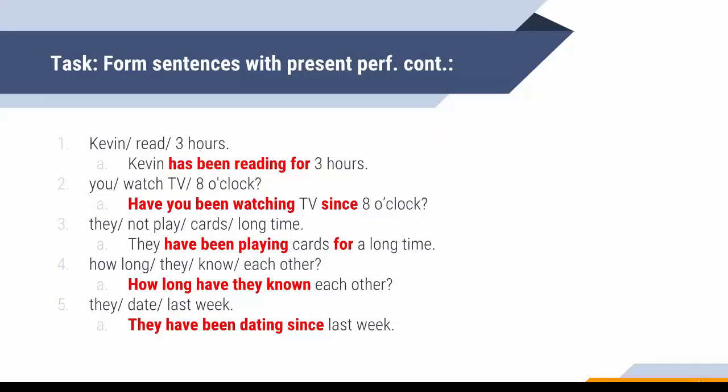Have you been watching TV since 8 o'clock? Have you been watching present perfect continuous since moment? They have been playing cards for a long time. Have been playing present perfect continuous for period, for a long time.